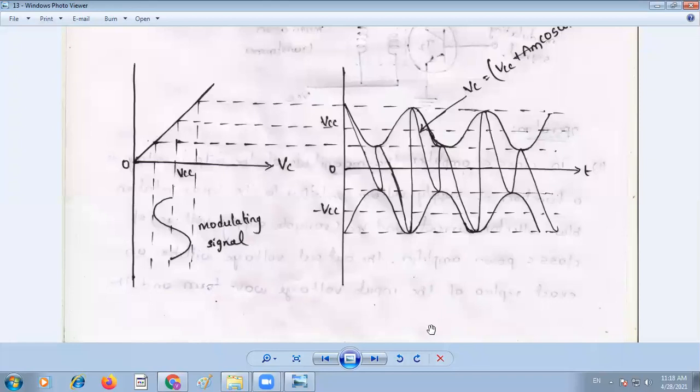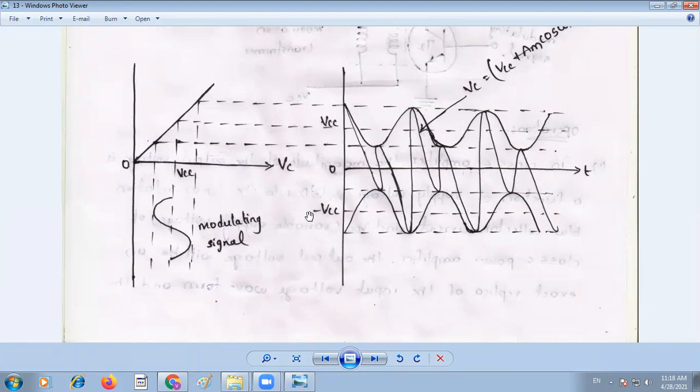In our laboratory we use a high level modulation technique. Our lab also has a modulation kit, which uses the high level modulation method, that is the collector modulated method. What is the basic theme of high level modulation?